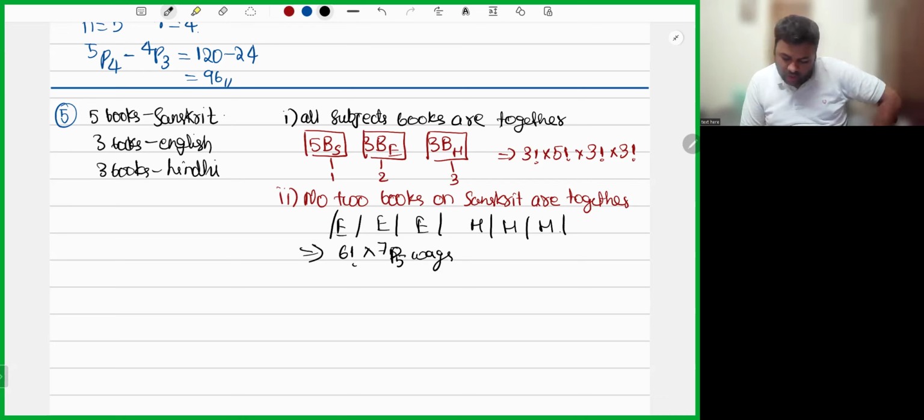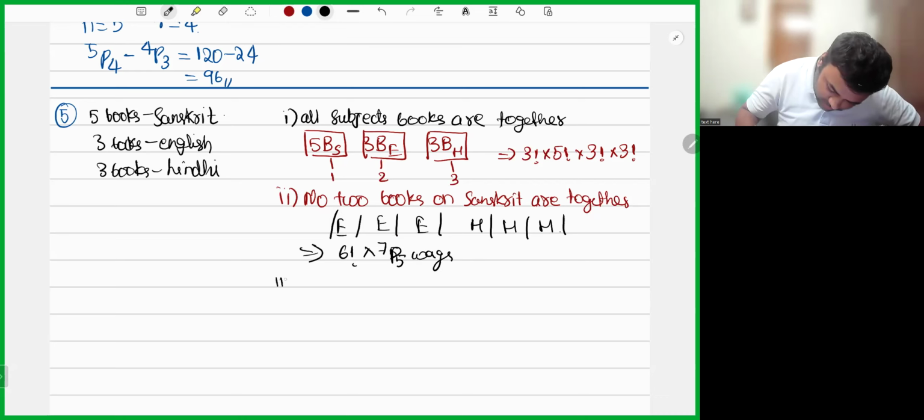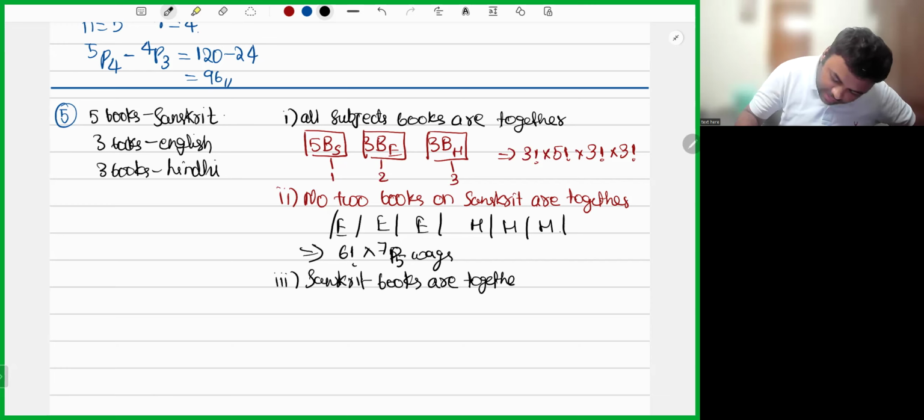Okay. Next, point number 3. Sanskrit books are together. Case 1, he said all the 3 books are together, but now he is telling Sanskrit books are together.